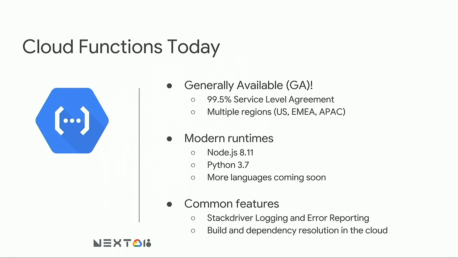When I was mentioning dependencies, your functions are actually running on an Ubuntu image under the hood, and there are several libraries that are already pre-installed. So, for example, things like FFmpeg for dealing with videos, ImageMagick if you want to do some stuff with your pictures, but you also have all the set of libraries that are required to run Chrome in headless mode.